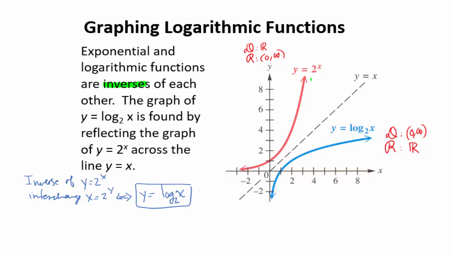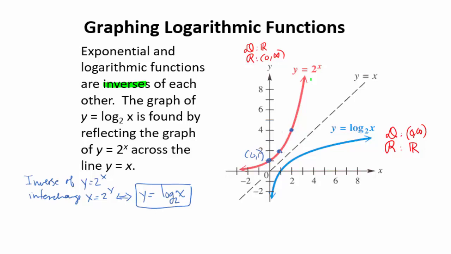So if we interchange the ordered pairs, what are the important ordered pairs if you have y equals 2 to the x? Well, always we have 0, 1, because 2 to the 0 is 1. And then when x is 1, y is 2. That's another ordered pair. If x is 2, y is 4.